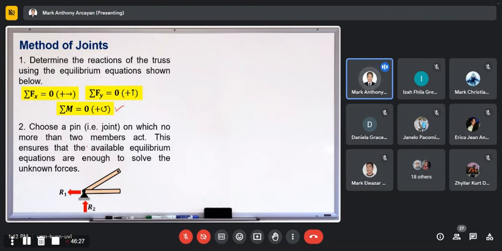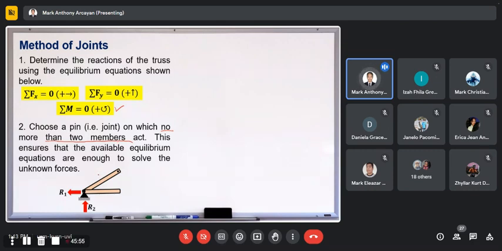So ang imo latigaman ani is select a pin in which dili mo-exceed sa two members ang nag-act. So nganong di man pwedeng tulo, di man pwedeng upat, kay ang available ra nato nga equilibrium equations for joints or for pin are only two equilibrium equations.